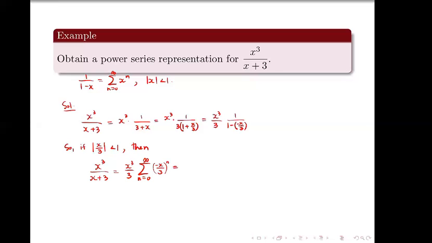Then let's just bring this inside the summation. So first, let us decompose this. We have x cubed over 3, sum from 0 to plus infinity, we'll get negative 1 to the n, we'll have x to the n, and then the denominator will have 3 to the n.